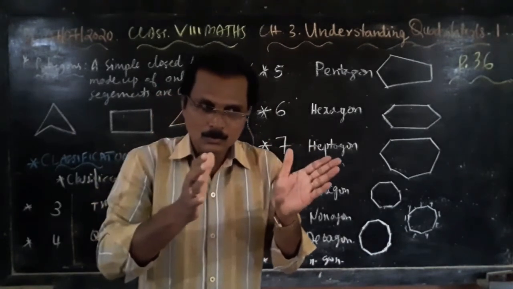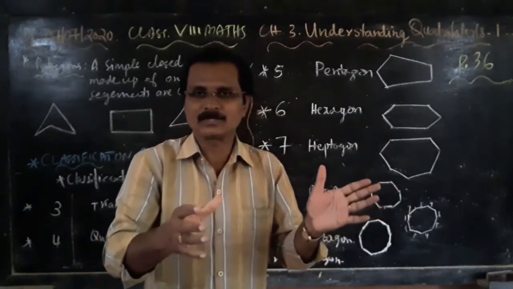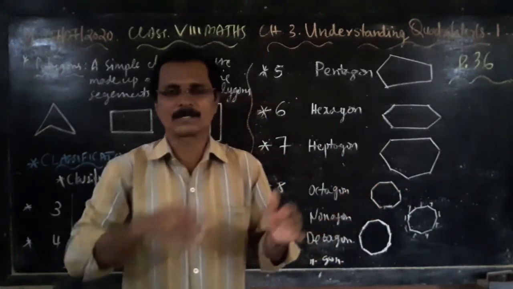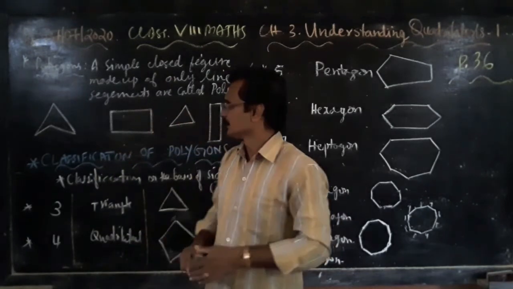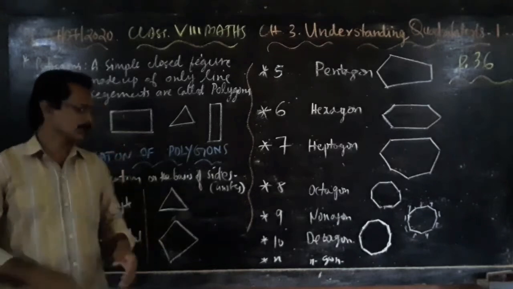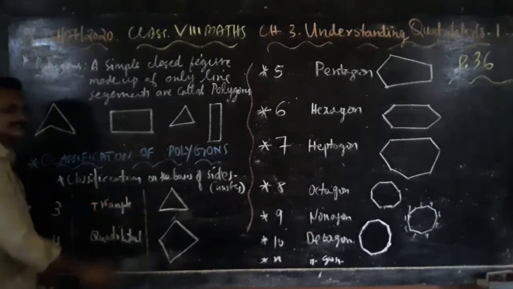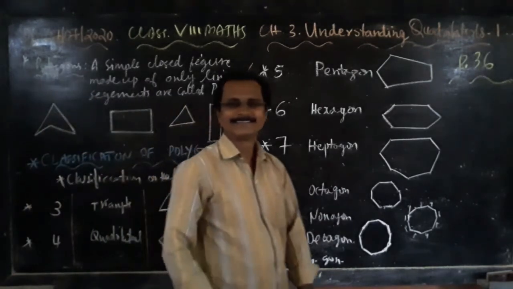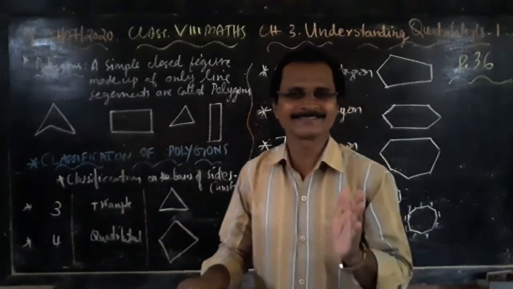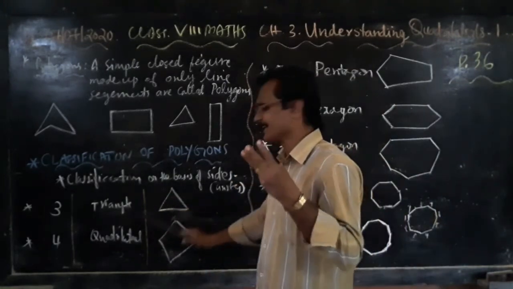So looking at the number of sides, we are going to decide the types of polygons. Clear? The first classification is three sides, and it is called a triangle. If a polygon has 3 sides, it is called a triangle.